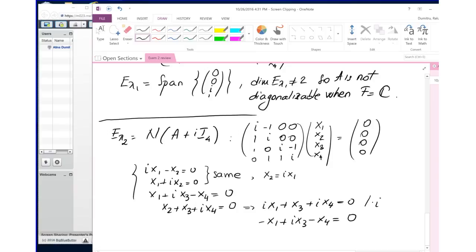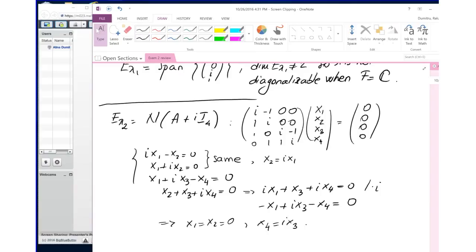So of course the same thing happens as in the one above. x1 will be equal to x2 will be equal to 0, and x4 will be ix3. Okay, so that doesn't answer your question.